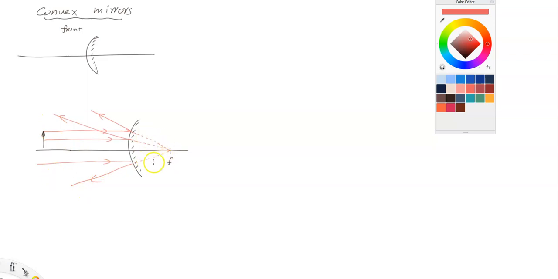These are all just projections. We just project it using a dotted line. There is no real light going into the mirror. It appears like it's coming from this focal point. So this is the idea. We call these diverging mirrors because you see the light rays are going away from each other. So using this property, we can draw ray diagrams. So let's give it a try. The black color is missing anyway.